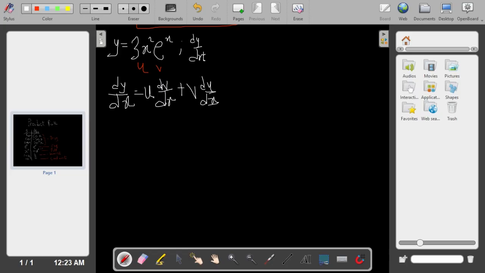So right here, it means that my u is 3x squared. I'm going to put u directly down here because that's exactly what it represents. So that's my u.